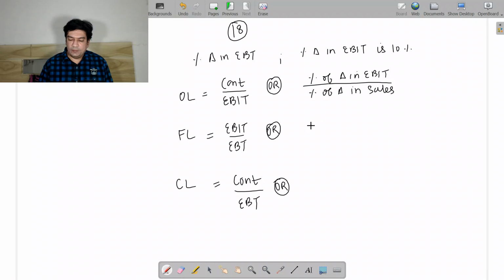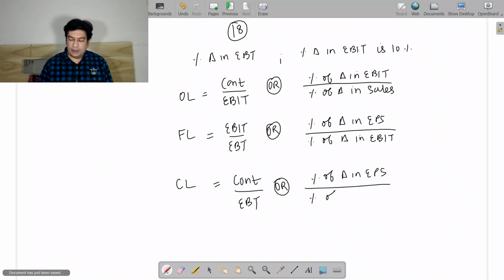For financial leverage, we have percentage of change in your earning per share divided by percentage of change in EBIT. This is the formula for financial leverage. Combined leverage, when you multiply these two, you'll get percentage of change in earning per share divided by percentage of change in sales. So this is the formula.